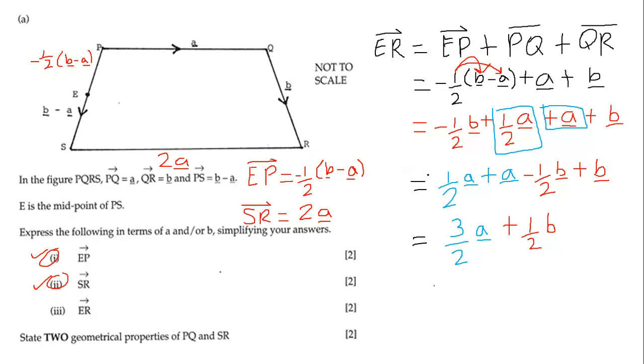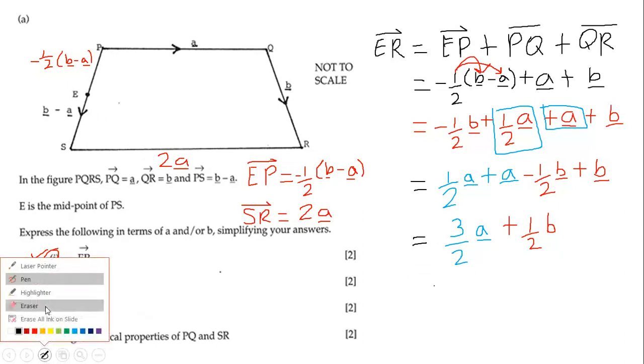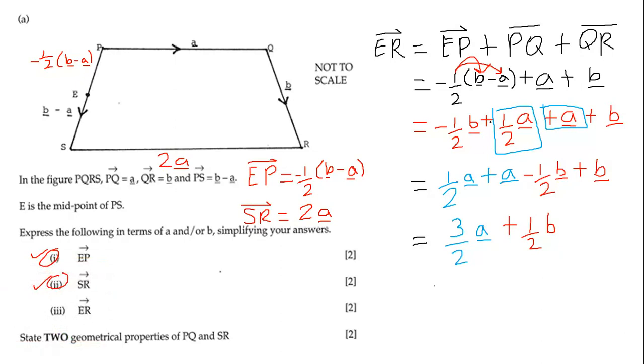There is also another way to do it, and we can do it by going in this direction. Now either one of these answers could work. If you want to do it this way, you can, or you can do it in this next way I'm showing you. So what is ER?